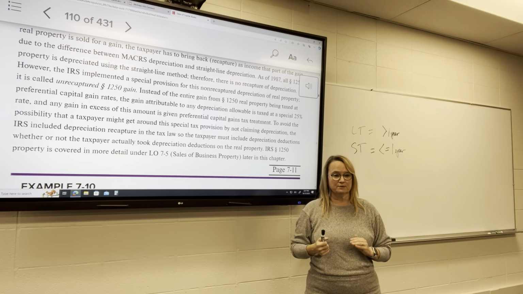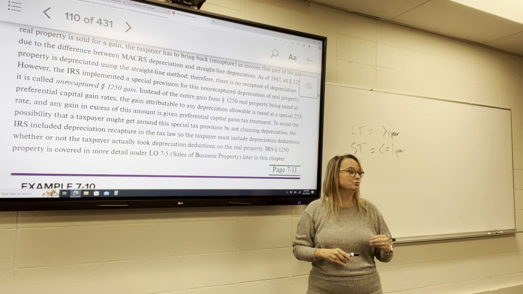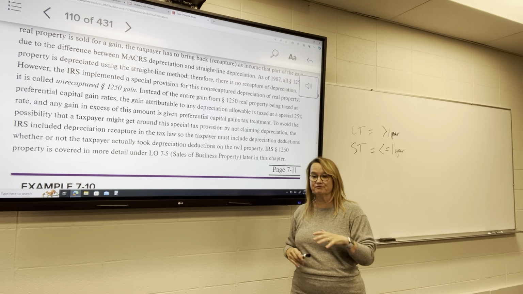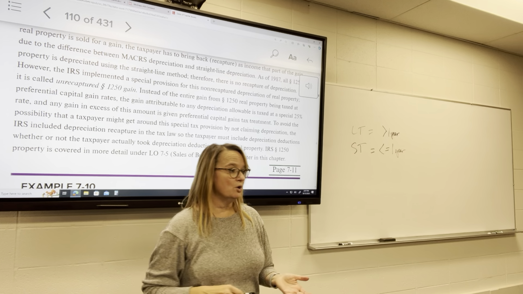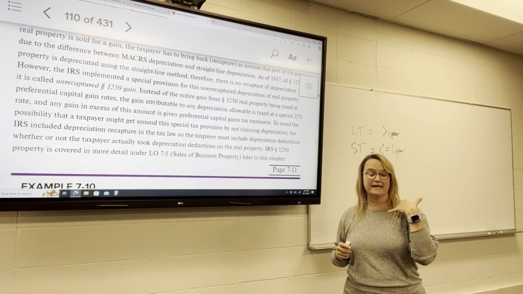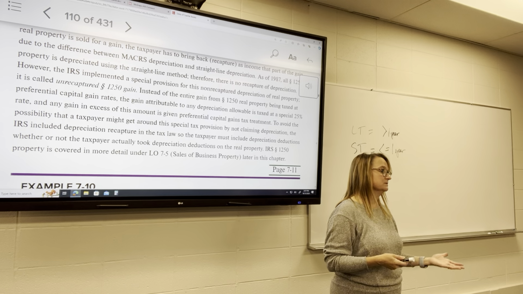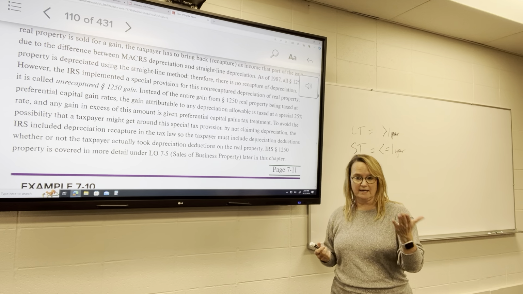Now think about this. When you depreciated the property, it offset ordinary income, right? You got the benefit of it reducing your ordinary tax rate. So they don't want you to then get the benefit of capital gains tax rates on property that you had depreciated.